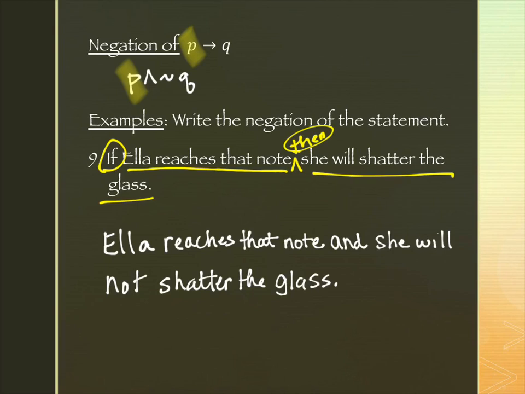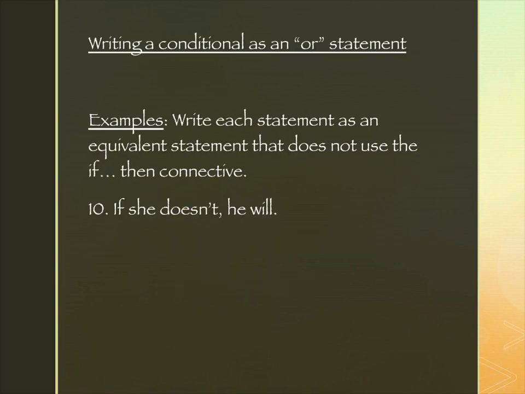Okay, a little bit more in this section. We're going to write the conditional as an or statement. So I wrote the negation of the conditional, and it was an and statement. We can also take a conditional and write it as an or statement. It's not the negation, it's the original conditional. So if we have P implies Q, that's my original conditional.